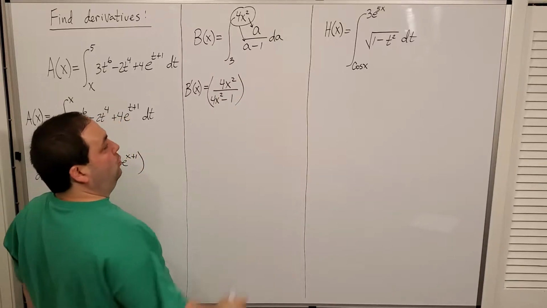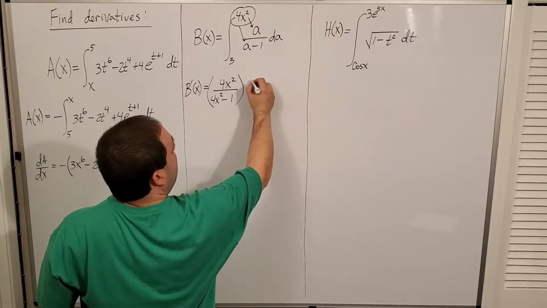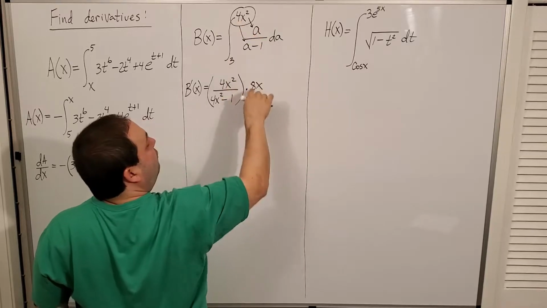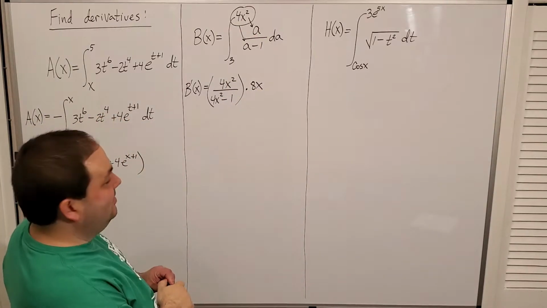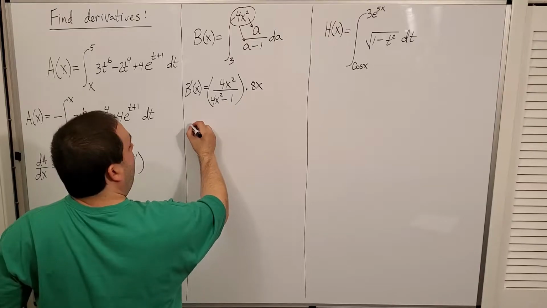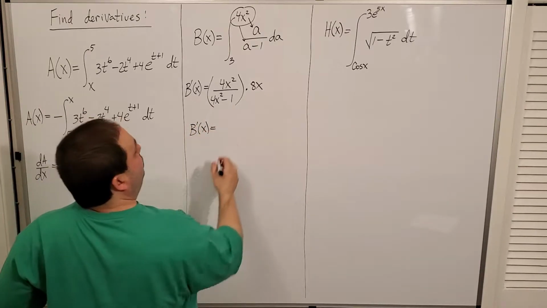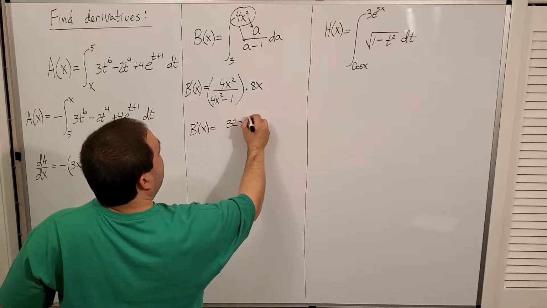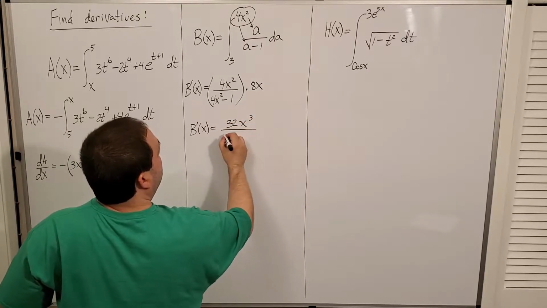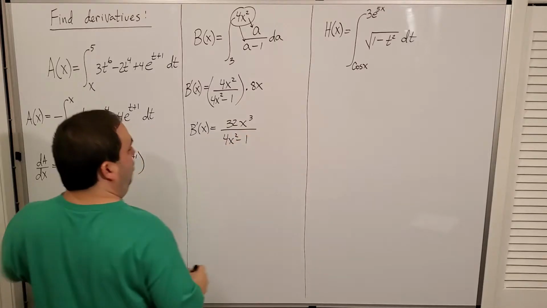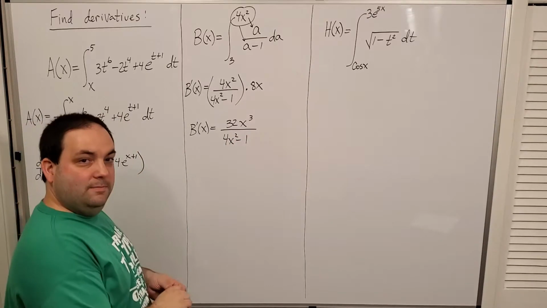Now chain rule times 8x, because the derivative of 4x squared is 8x. So let's simplify. b prime of x is then equal to 32x to the 3rd over 4x squared minus 1. Okie dokie?